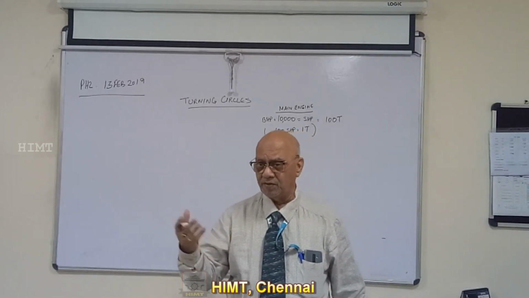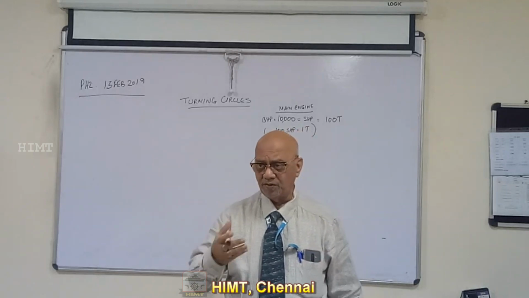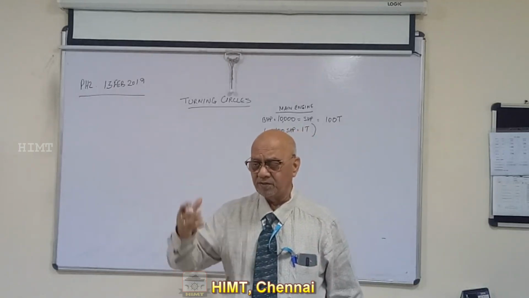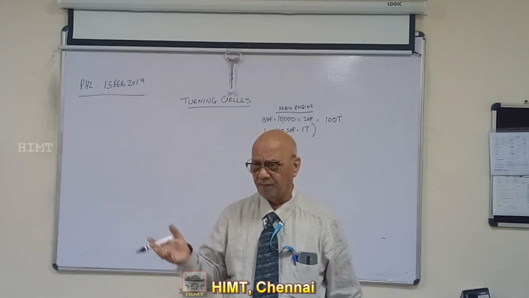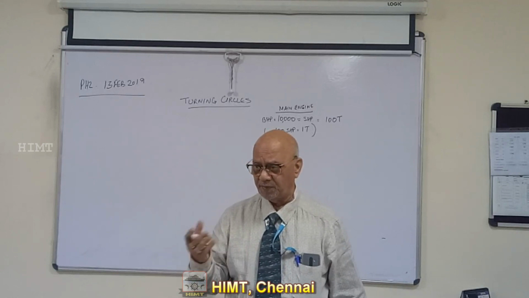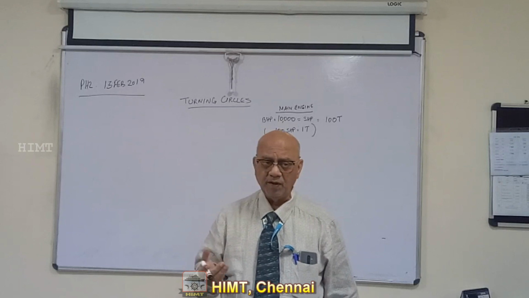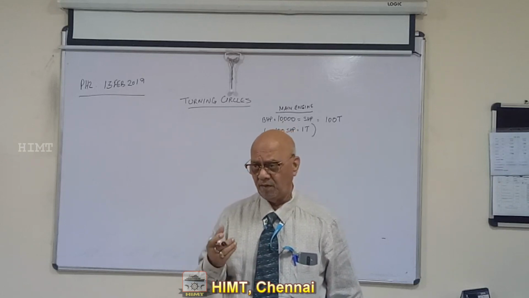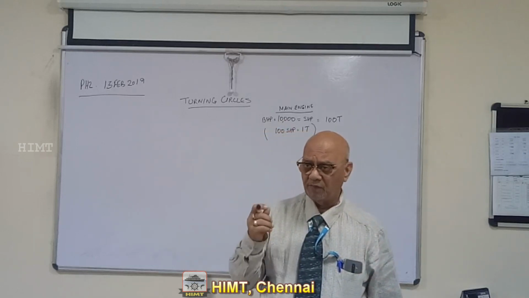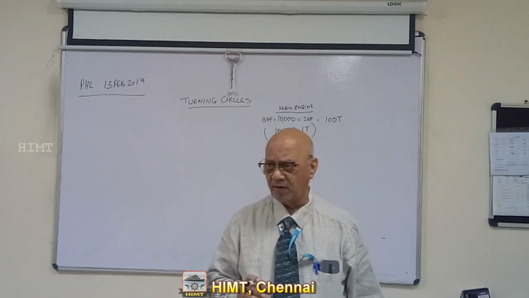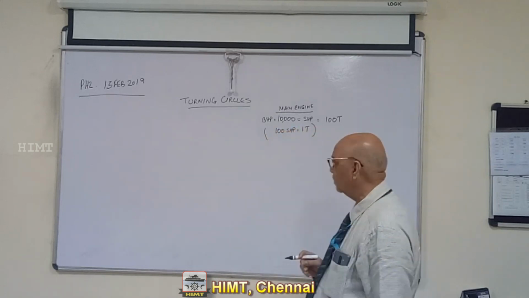Now we are calculating the forces available to us. So this engine, the ship having 10,000 BHP or SHP, will give us 100 tons of force, because every 100 shaft horsepower generates 1 ton of force.